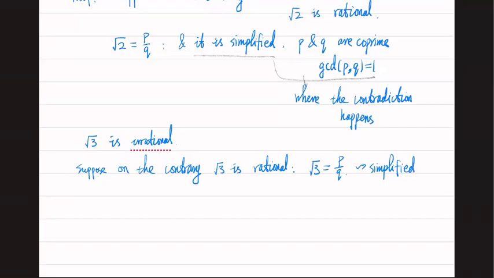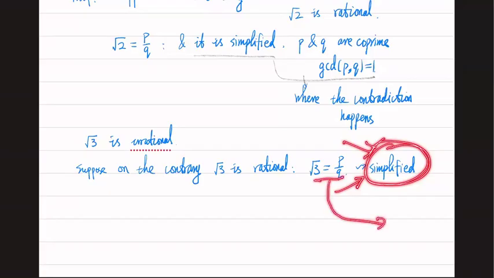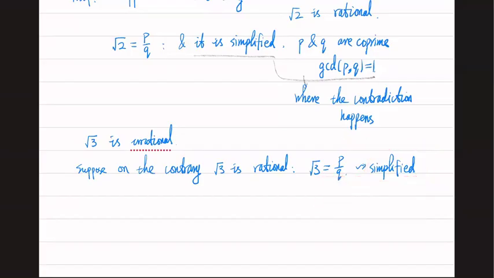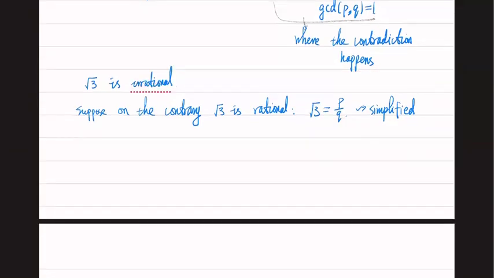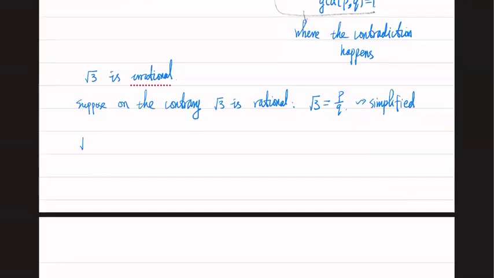The point is that it can be done, and will be done later, that it's simplified. Then later we will derive a contradiction with this. So we get the proof by contradiction. In our homework, we have this one: square root of 6 is irrational.